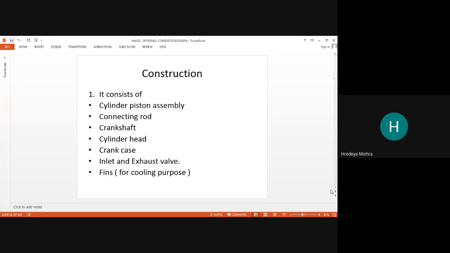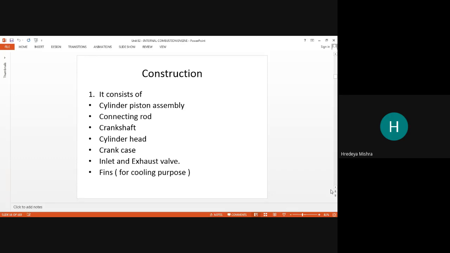In the diesel engine, the fuel is inserted through the nozzle when air is compressed, so that due to the heat of the compressed air, combustion starts. So there are three main differences between the petrol engine and the diesel engine.